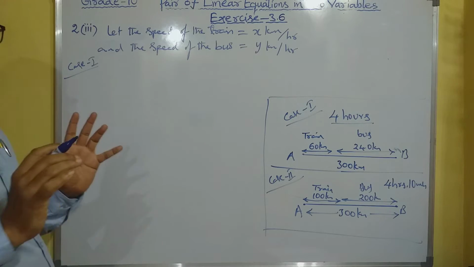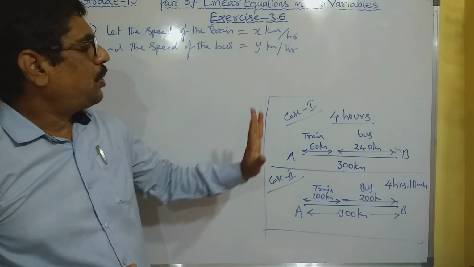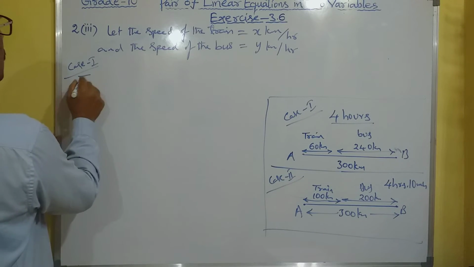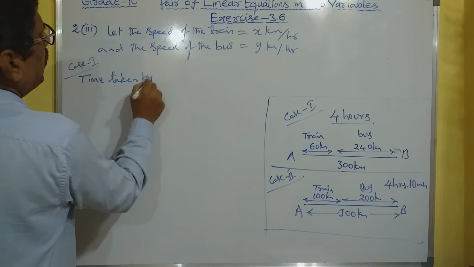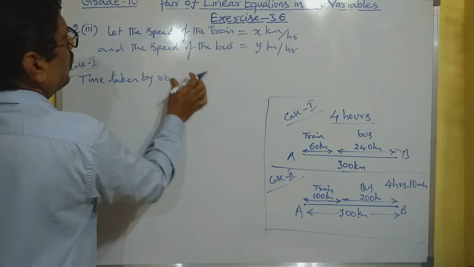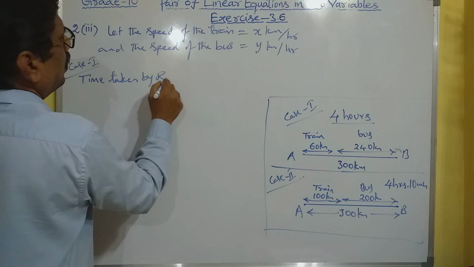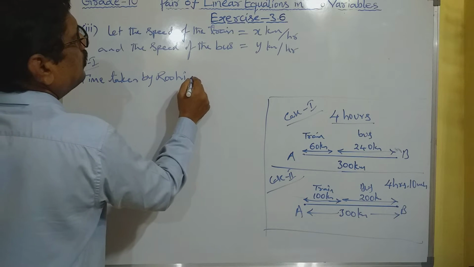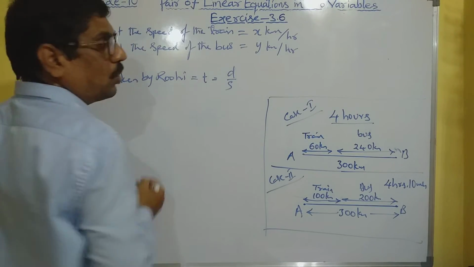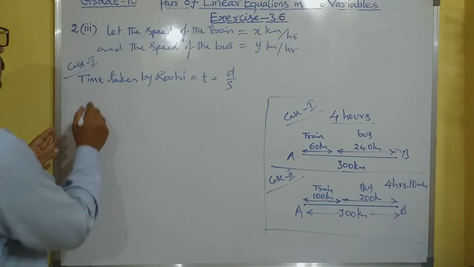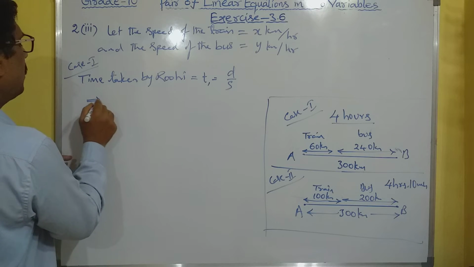What is the time taken by Ruhi? T is equal to D by S. Here there are two parts, so let us take T1.